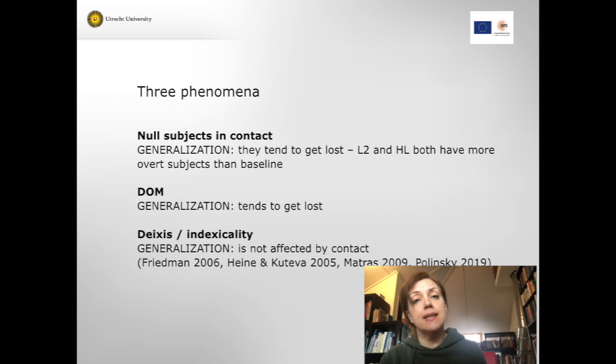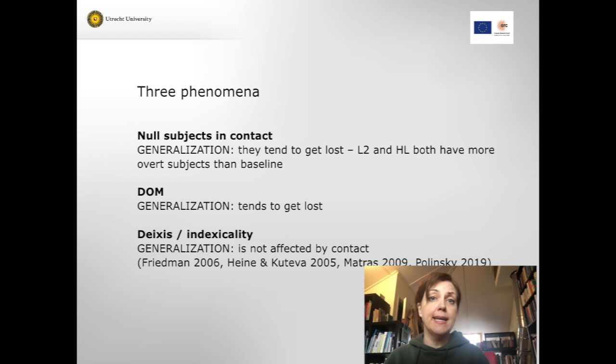For deixis and indexicality, this is quite interesting because, first of all, there's very little on Romance deixis and demonstrative pronouns, especially in those varieties that have a tripartite system. So you have a system that makes reference to the speaker, to the addressee, and not just to the speaker. So there's very little done there.